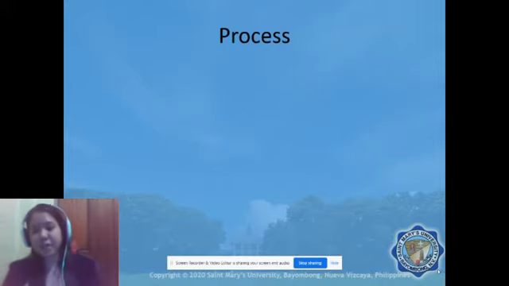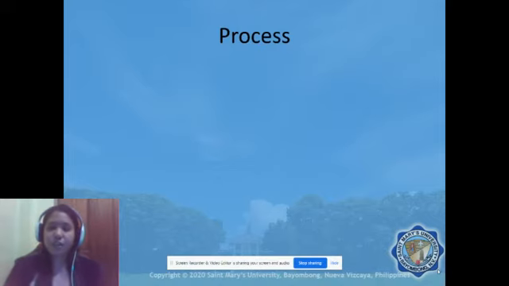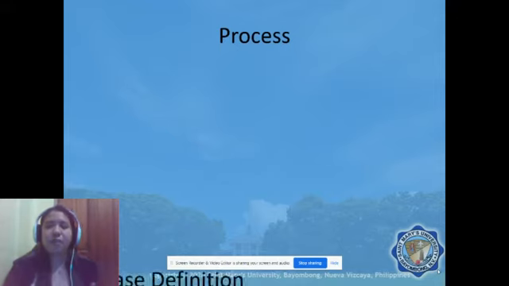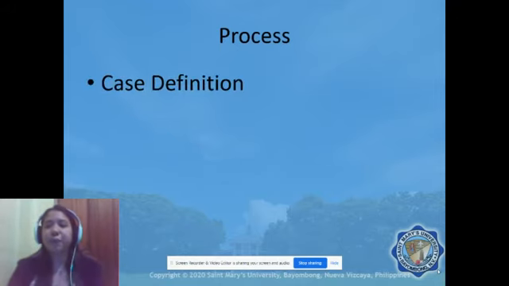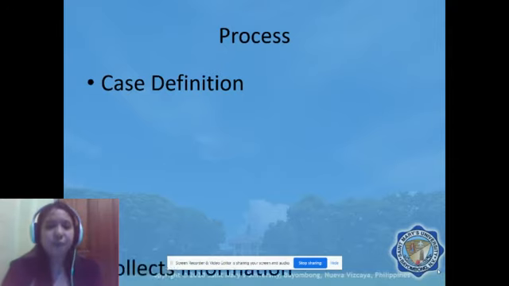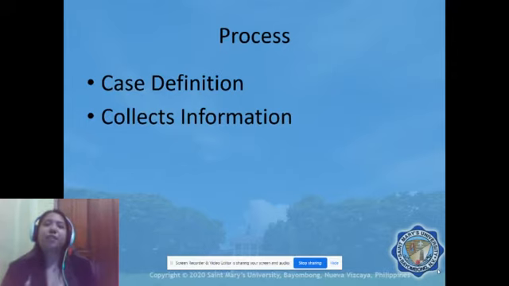And what are the processes involved in doing epidemiology tasks? First, they have to define the case by doing a case definition, followed by collecting information, so they can conduct national surveillance to do that.